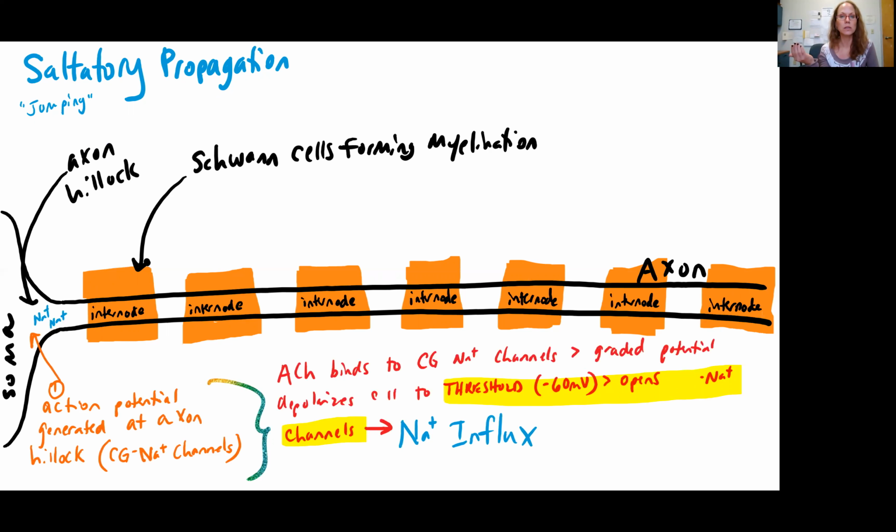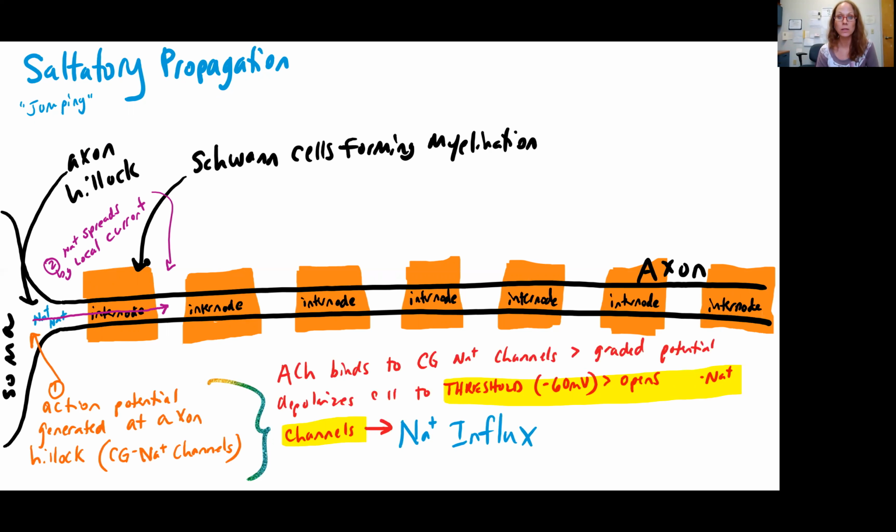So we're still going to see that the axon hillock is where the action potential is first generated. You'd have another neuron releasing acetylcholine, opening up those chemically gated sodium channels, taking the membrane to threshold, giving us the voltage-gated sodium channels, allowing sodium to move in, and then we're going to have it spread by local current.